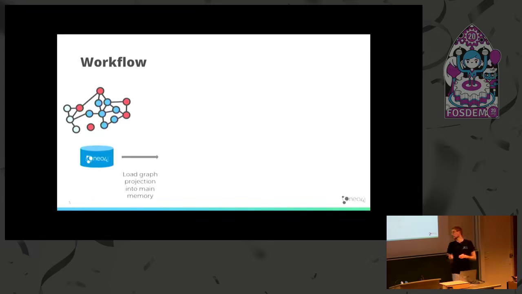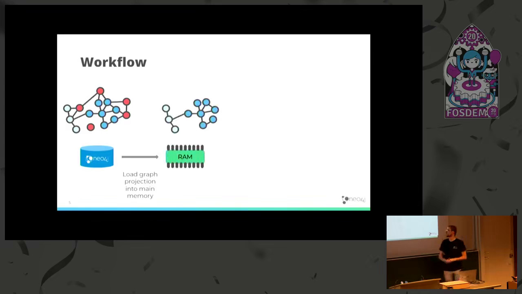That's what you would always start with. You load the graph. You can project the graph, so that means you can rename labels. You can skip nodes with a certain label. You can skip relationships. You can rename relationships, and you can load certain properties or not load certain properties, and you can even reverse the direction of edges in your in-memory graph.